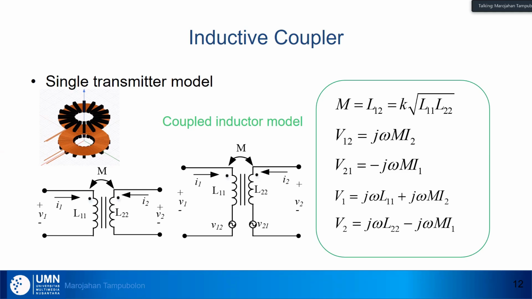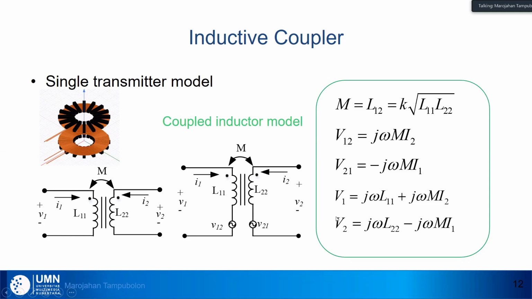And another one, we have the relationship of the induced voltage to its current and also the mutual inductance. As we can see here, there are also voltages induced in the transmitter side and in the receiver side.